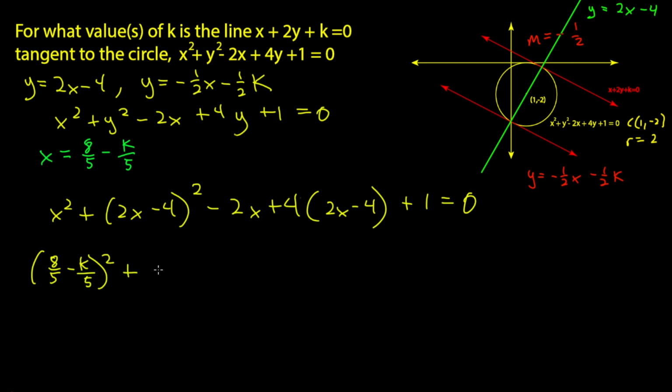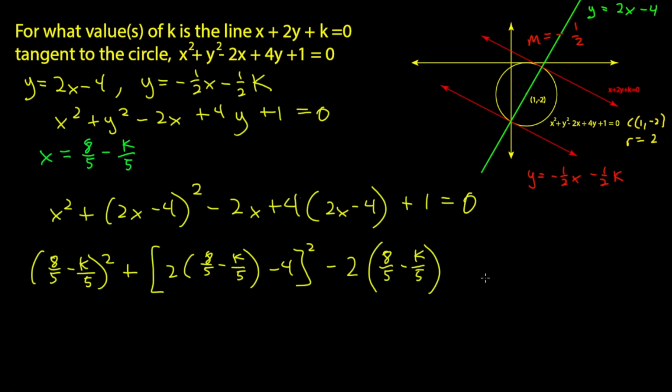Okay, squared plus 2 times 8 over 5 minus k over 5 minus 4 all squared minus 2 times, you guessed it, 8 over 5 minus k over 5 plus 4 times, let's do brackets, 2 times 8 over 5 minus k over 5, x minus 4 plus 1 equals 0, so we don't go off the page.